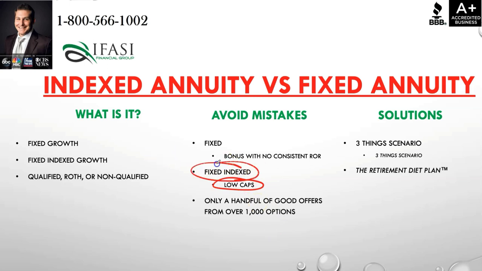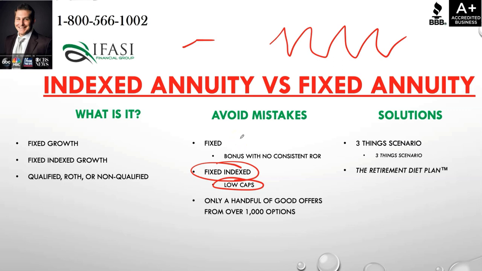So be mindful with this fixed index annuity, because you're not taking on as much risk as if you took these monies and threw them into an index fund or an index mutual fund or ETFs or whatever that is, because that's going to ebb and flow with the market. This is going to gain when the market goes up, not lose when it goes down. Because you are not taking on as much risk, you're not going to have as high a potential rate of return as you would if you just risked your money in the market.